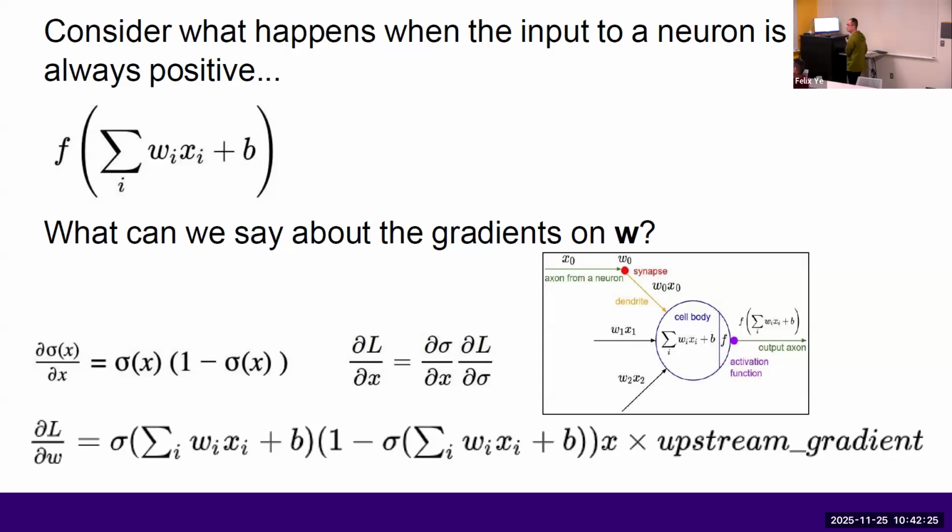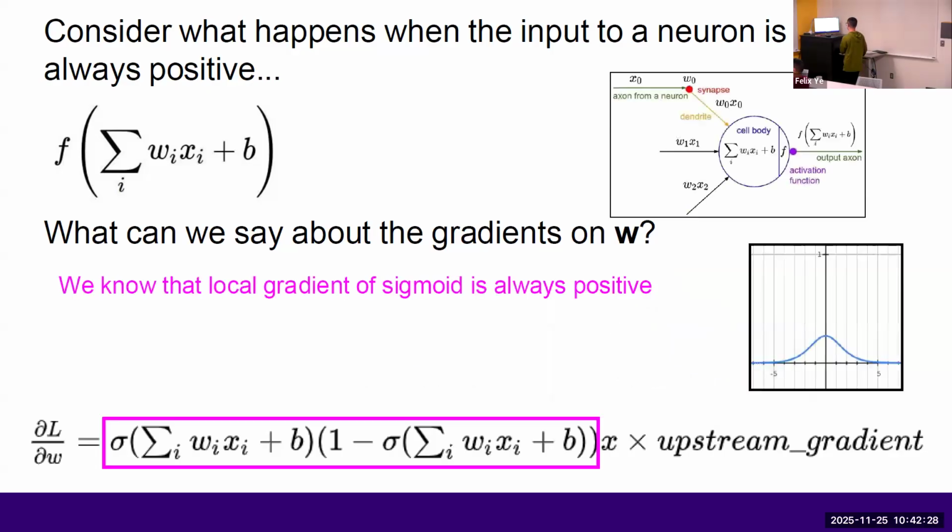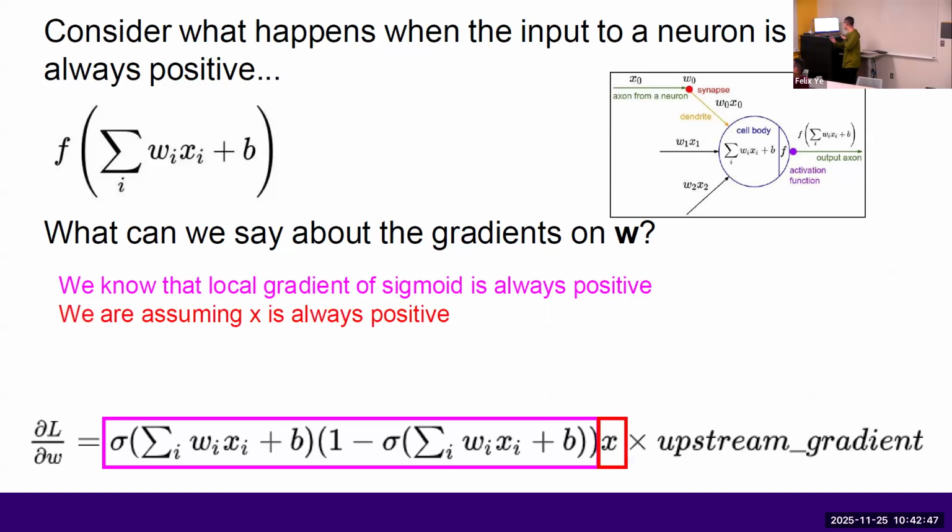This is the derivative that you will find for partial L partial w. The first thing is that this part is always positive, because if you plot it, it looks like a Gaussian, but the value will never be negative. We also assume x is always positive, because it is the output from the previous layer, from the previous sigmoid. So the value in the pink box and the value in the red box are all positive.